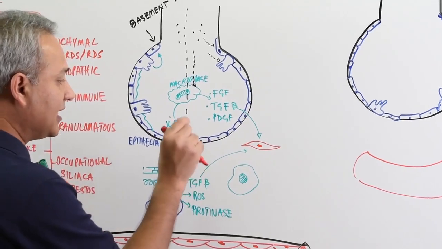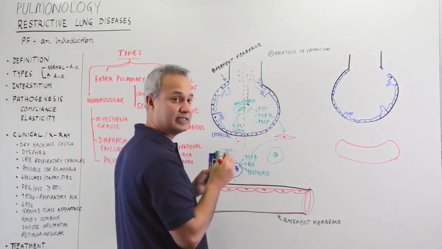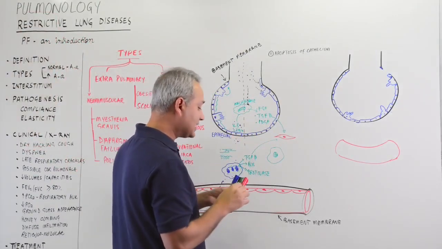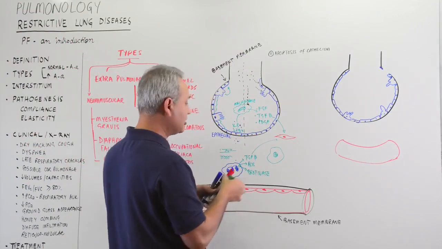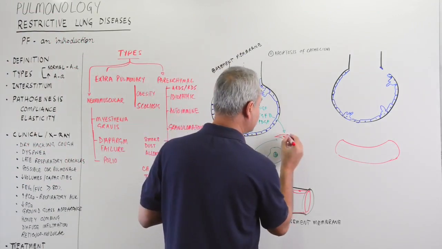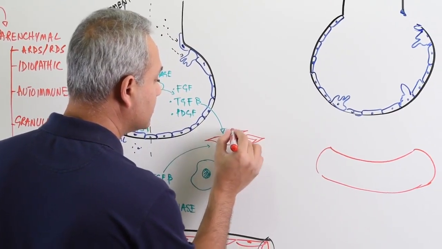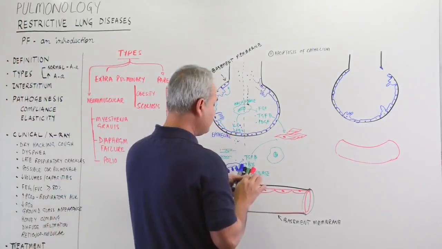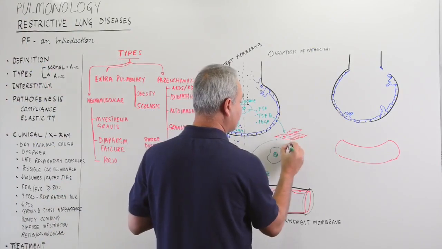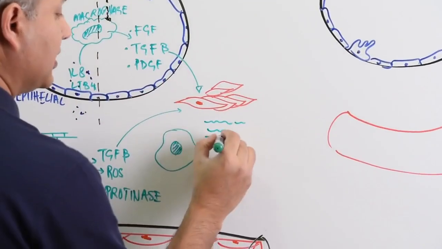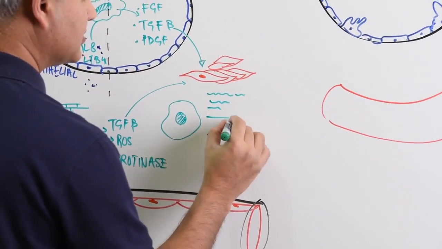But as soon as they are acted on by these chemical substances, they will become active, they'll start proliferating, and what will they do once they become active and proliferated? They are going to start making lots and lots of elastic fibers and collagen.